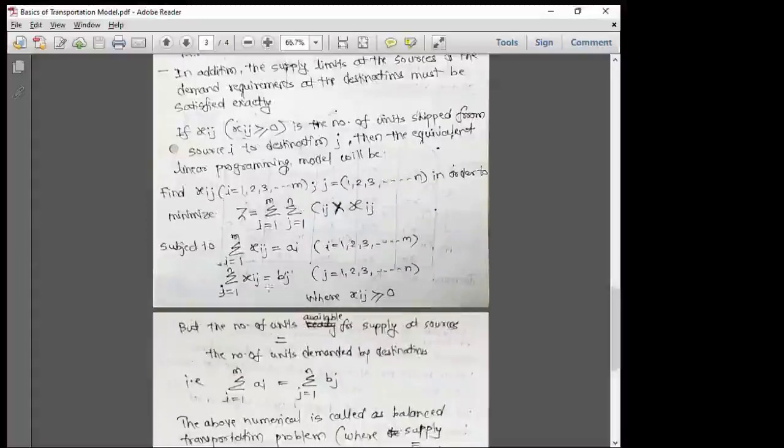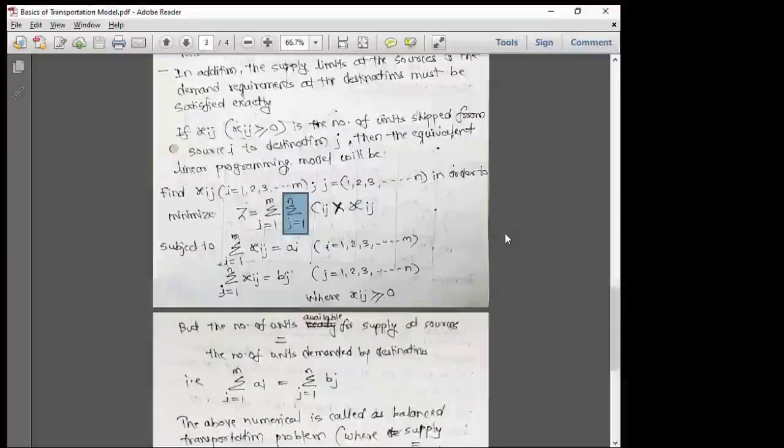So I have to minimize this particular Z, which is the total transportation cost. And how will I minimize this Z? I have to take into consideration the total transportation cost, and hence this summation sign has been used, right?